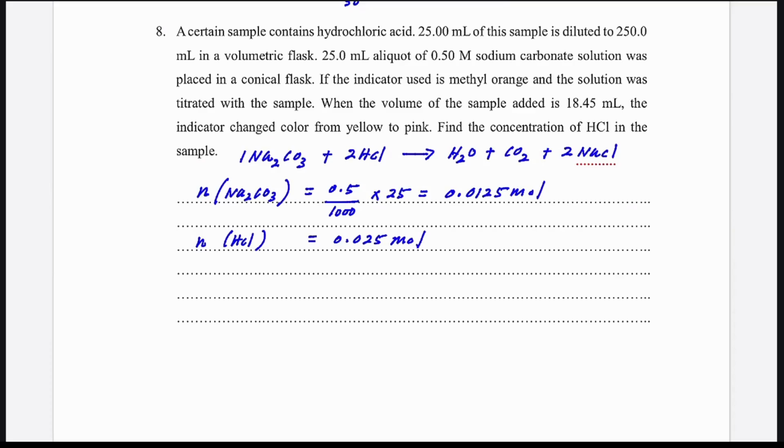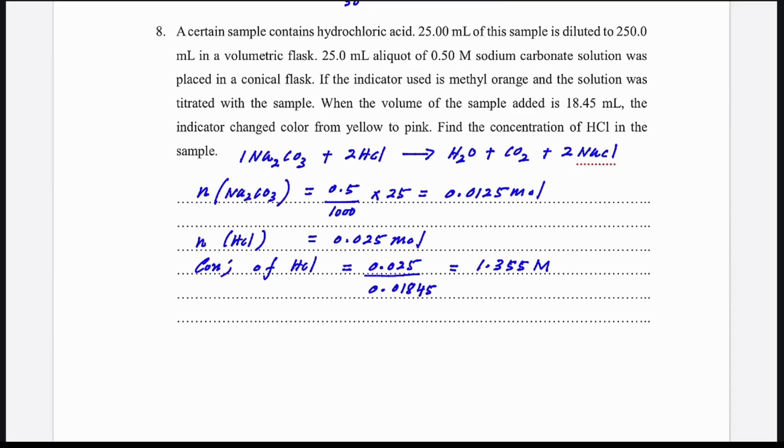So now the concentration of HCl should be 0.025 divided by the volume, which is 0.0185. How much is the number now? 1.355.